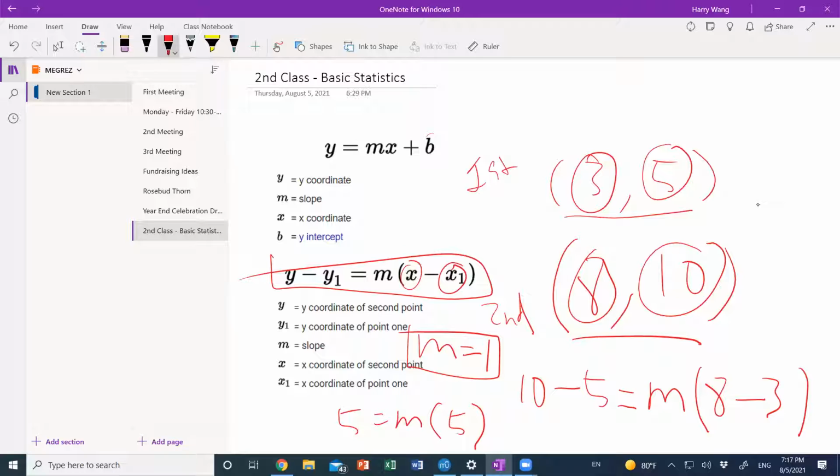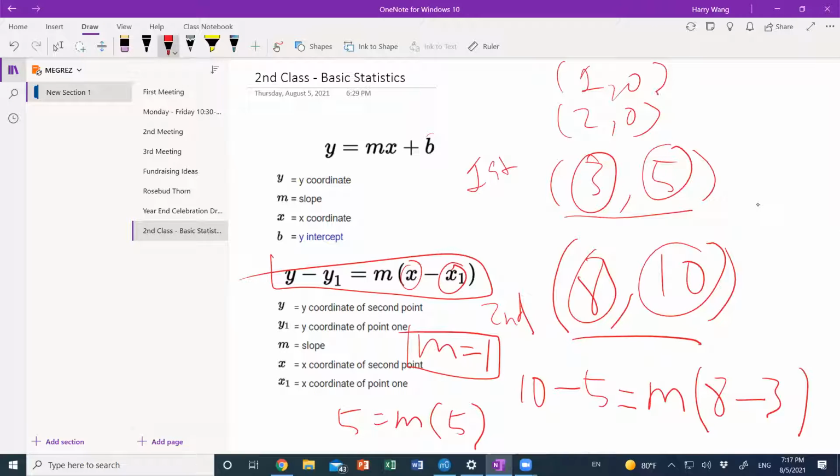For this equation, however, the point slope form does not directly tell you the x-intercept or the y-intercept, but you can find them. The x-intercept happens when the y value of a coordinate is 0. So examples would be like (1, 0), (2, 0), things like this.